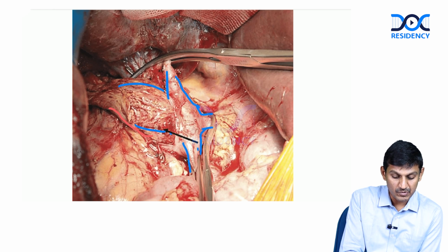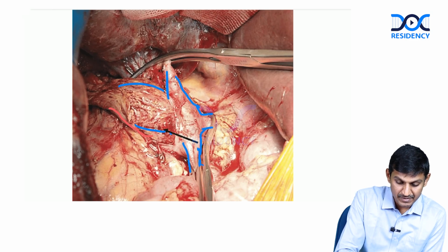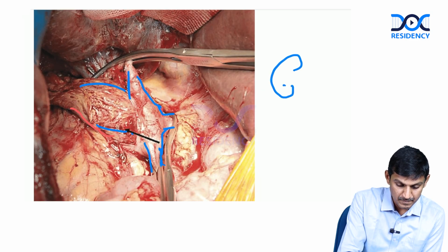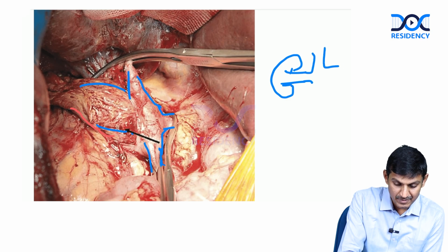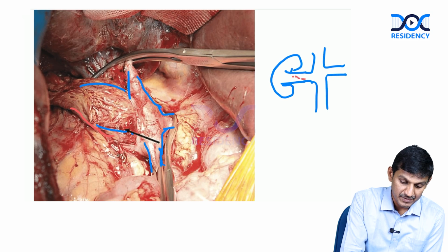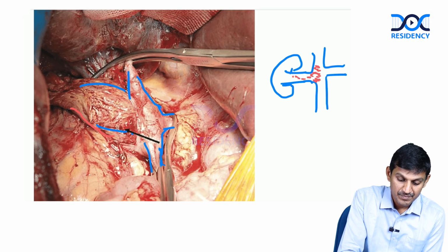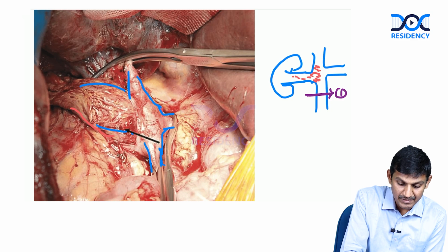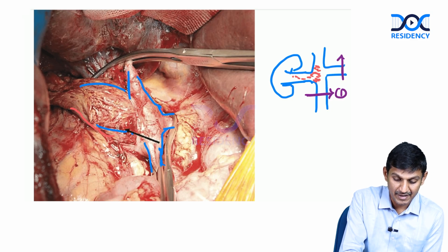What are we going to do? We have to do sequential clamping. Remember, the tumor thrombus has extended through the renal vein into the IVC. So the tumor is present here. How are you going to seclude it? First you put a clamp on the infrarenal IVC, next a clamp on the contralateral renal vein, and third a clamp on the suprarenal IVC.